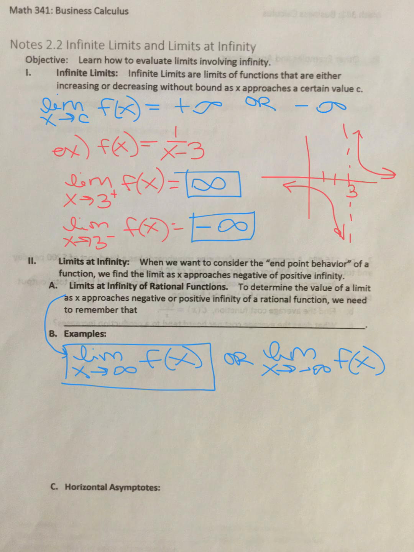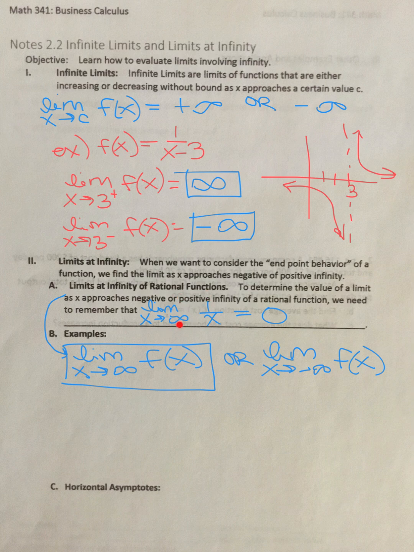So because we're talking about rational functions, let's remember a basic algebra fact, but we're going to write it in a calculus way, and that is the limit as x goes to infinity of 1 over x is equal to 0. So let's think about what I'm saying here. We have this limit of 1 over x, and x is going to infinity.